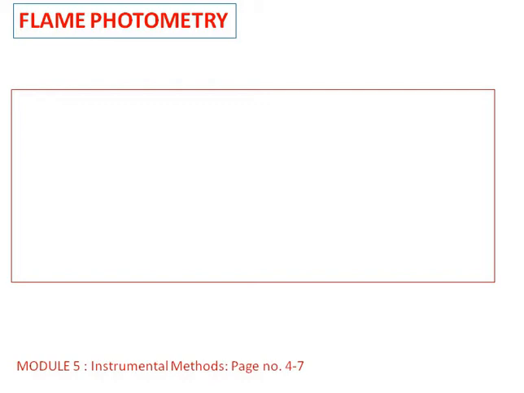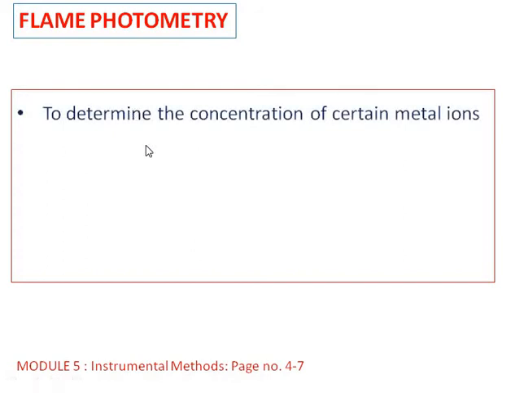The flame photometry method involves the use of a flame photometer, which is the instrument used, and it determines the concentration of a few metal ions like sodium, potassium, lithium, calcium and cesium, which belong to group 1 and group 2, the alkali metals and alkaline earth metals.